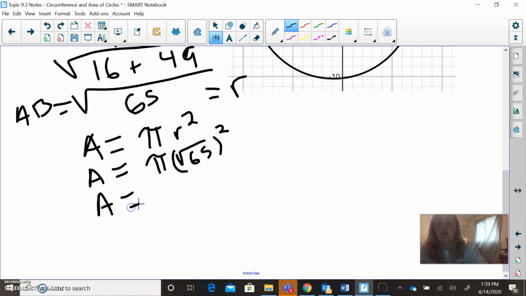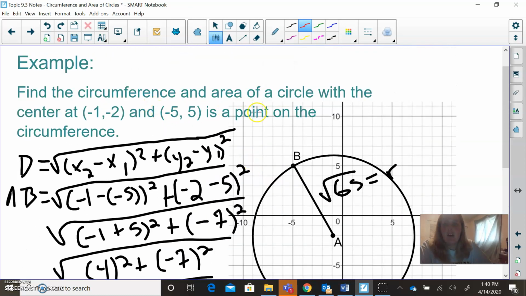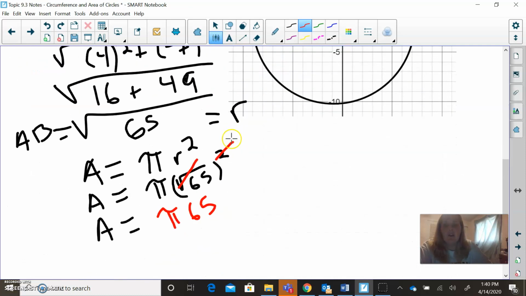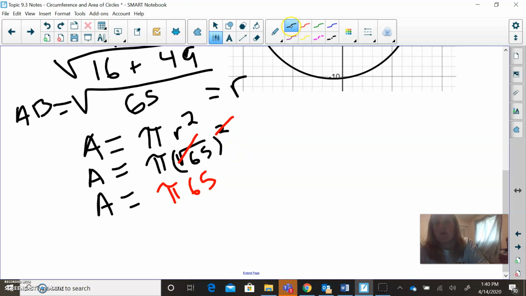Now what happens here is the square and the square root cancel. So we'll have pi times 65. I don't think the problem told us to leave it in terms of pi, but let's leave it in terms of pi.